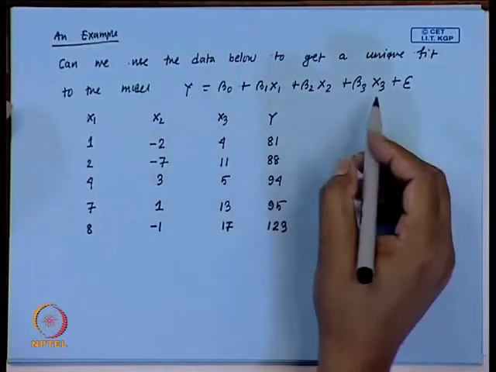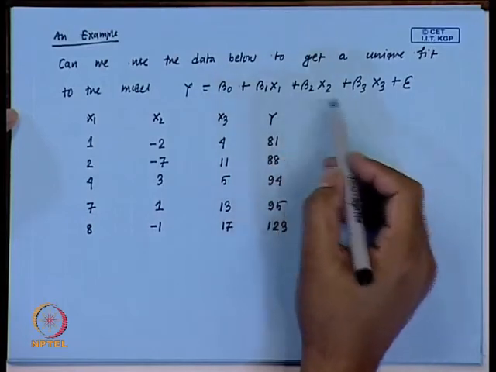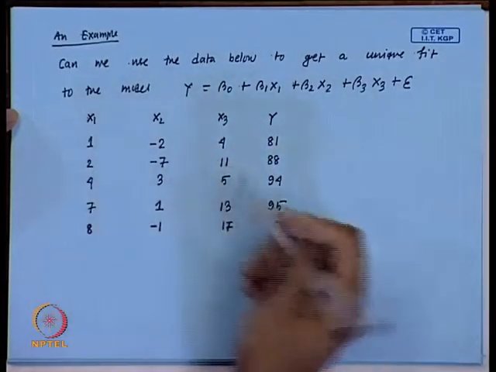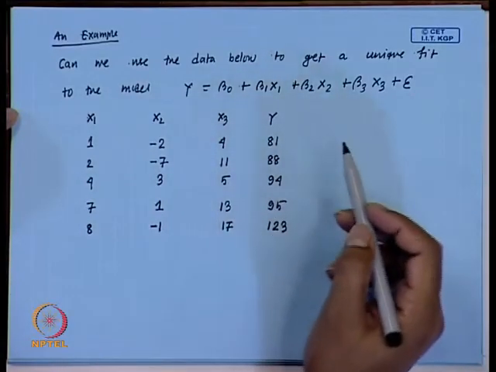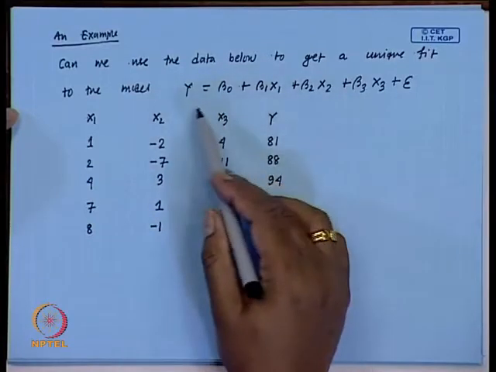So, here in this example we have 3 regressor variables x 1, x 2, x 3 and one response variable, and here is the data. Now, the question is whether we can use this data to get a unique fit to this model.